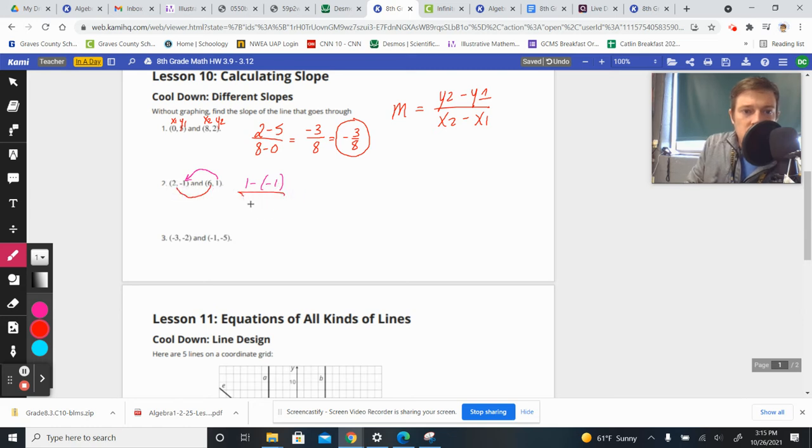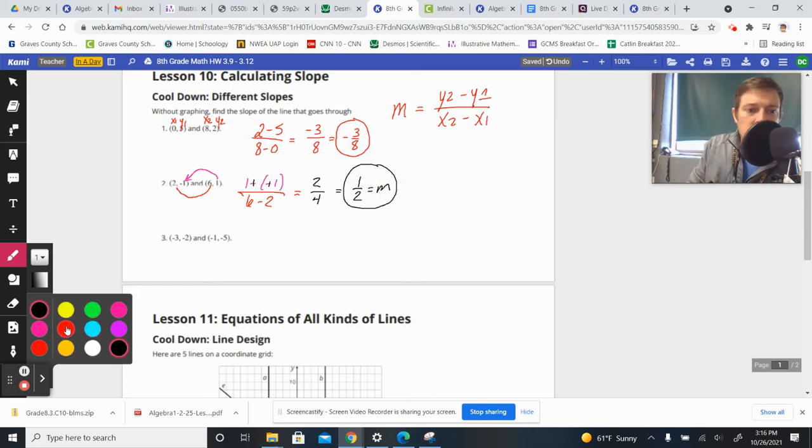So we're going to set that over top of 6 minus 2. So this is going to turn into 1 minus negative 1, which if we add the opposite, like we learned in 7th grade, this is really just going to be 2, and 6 minus 2 is 4. So our slope is a half. So my slope for that one is 1/2.